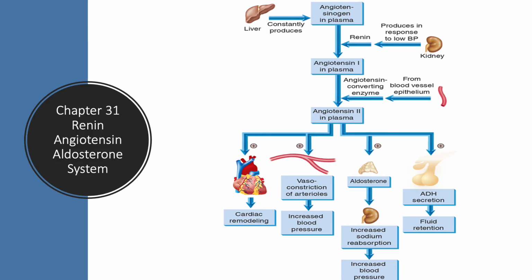Okay, so let's talk about the next topic here, the renin-angiotensin-aldosterone system. So if you haven't come across this before, it can seem a bit overwhelming, but it doesn't need to be. Okay, so let's just go through this.